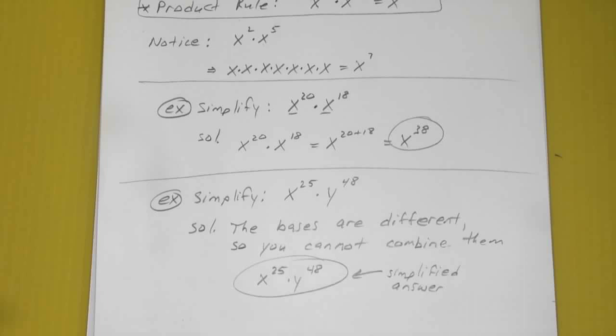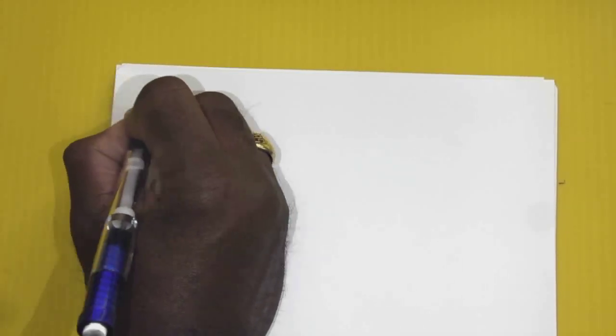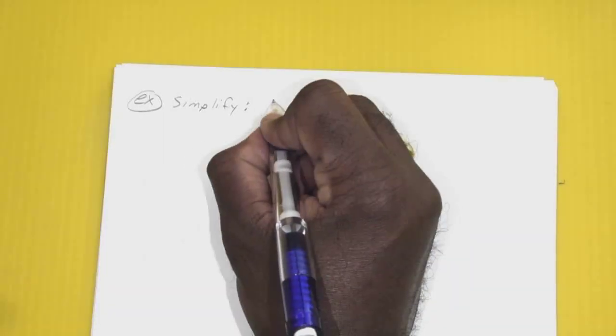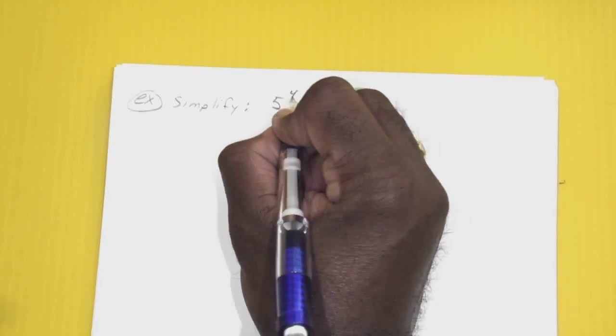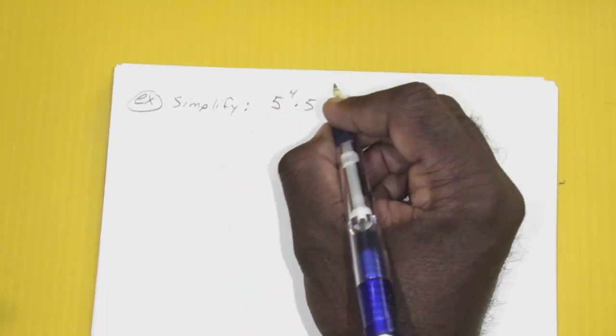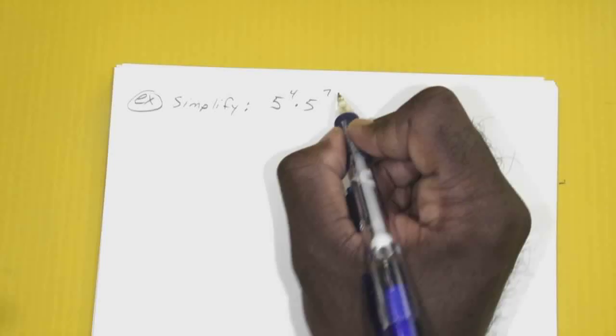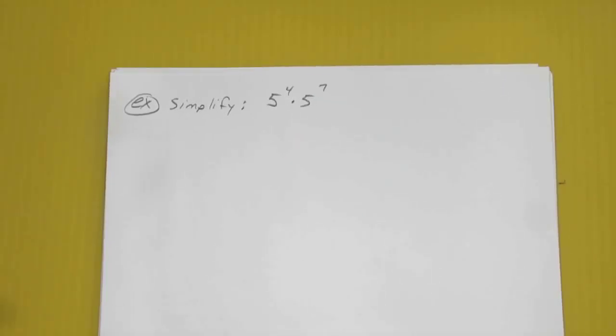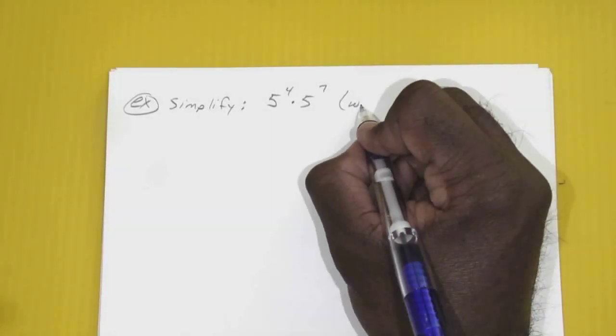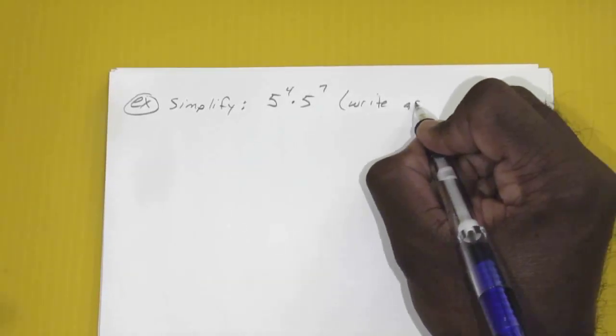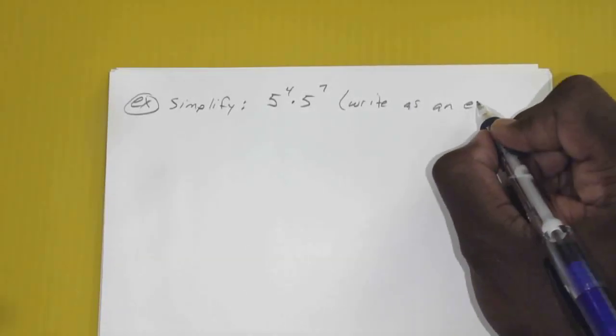Right, so let's say, for example, we wanted to simplify, say, 5 to the 4th power times 5 to the 7th power, and write as an exponent.